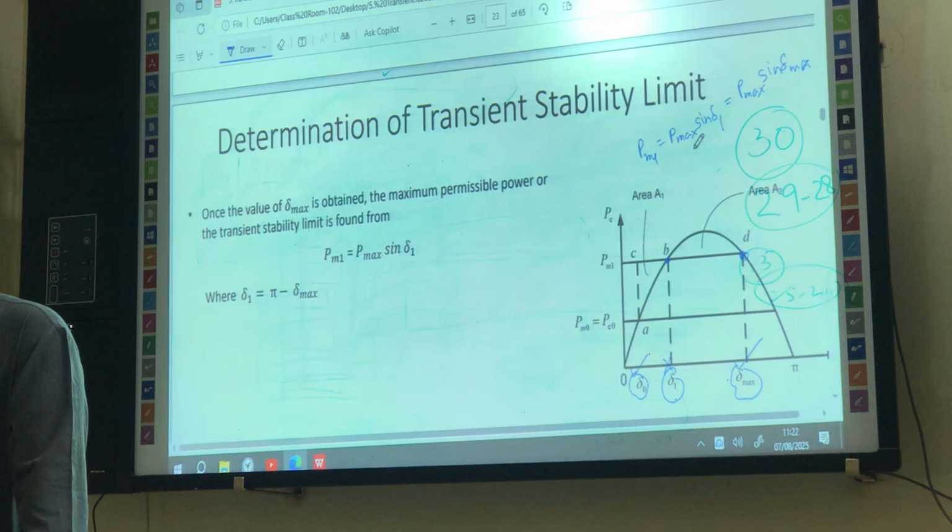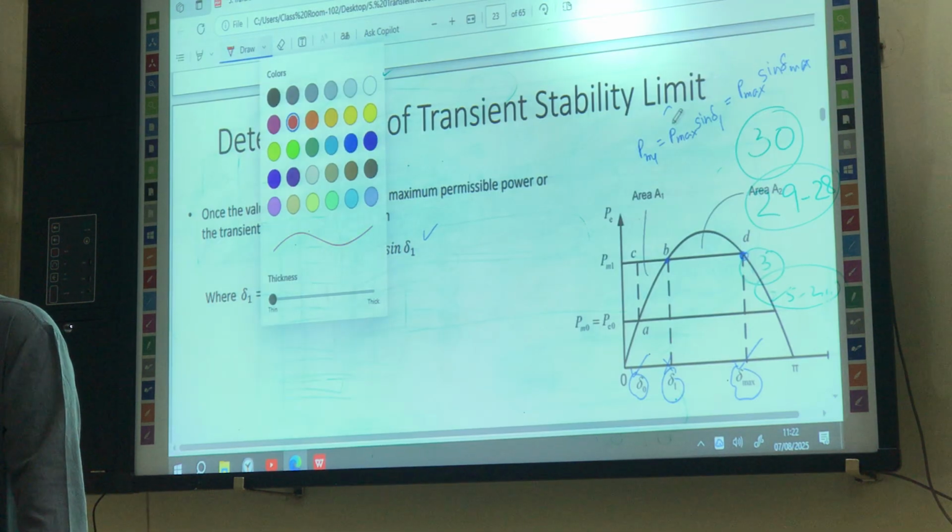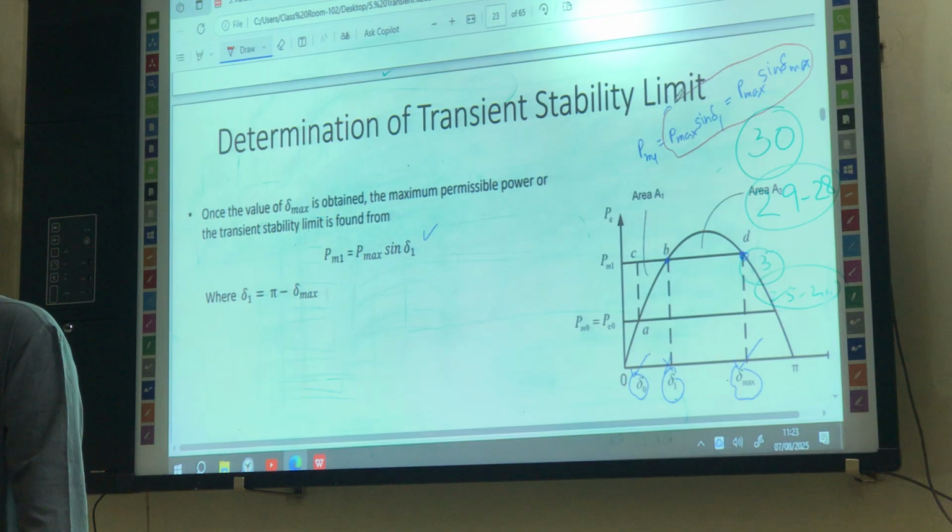Okay. Then how can we find the delta 1? Actually it's better if you take the next equal. Let's say these two are equal. Okay. So what will be your delta 1?